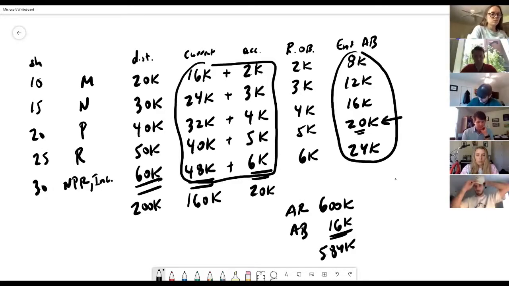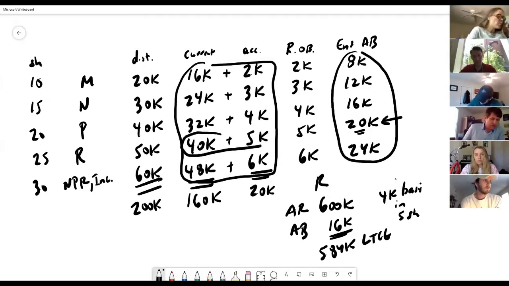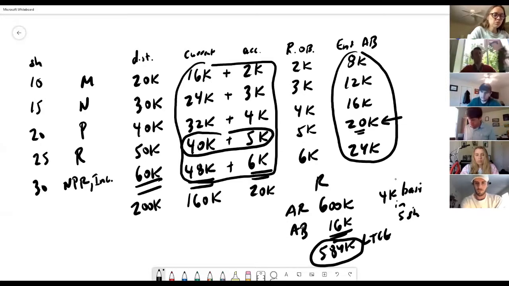Assuming she held the shares for more than a year, there'd be a long-term capital gain. And then her remaining basis is 4 in the 5 shares left. Okay, so that's Rachel. So to sum up for Rachel, she's going to have 45 of dividend income, 584 of long-term capital gain, and 4,000 of basis in her shares left.